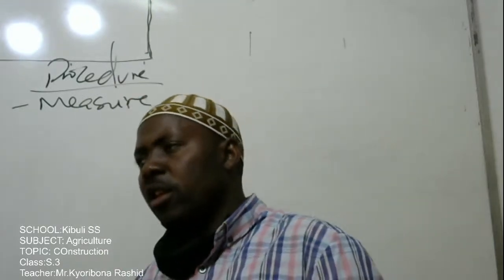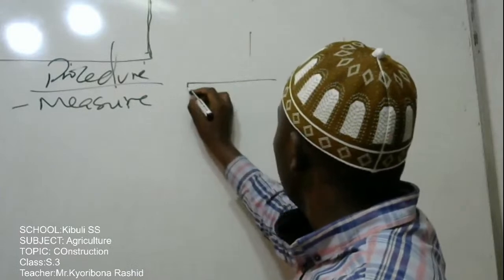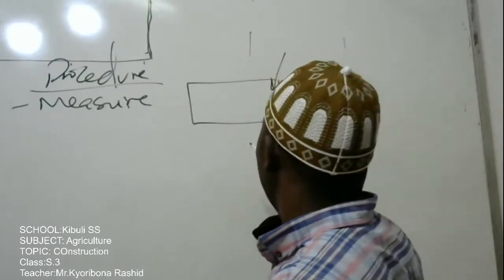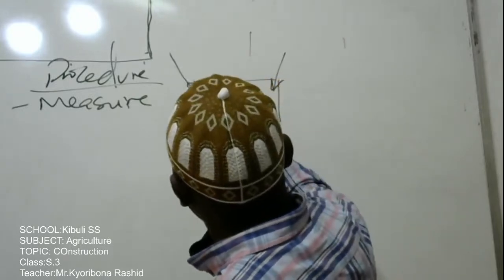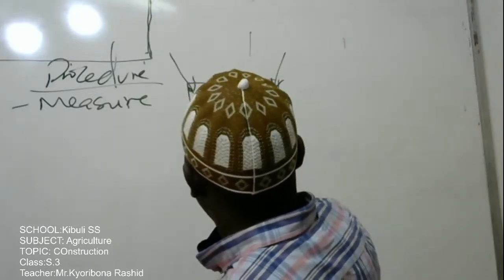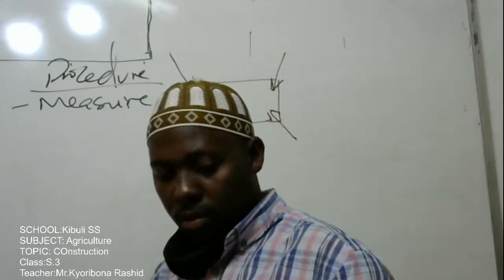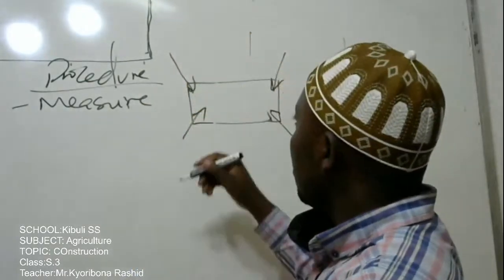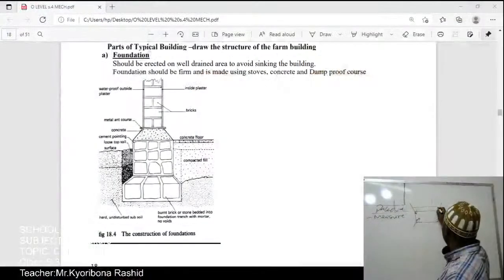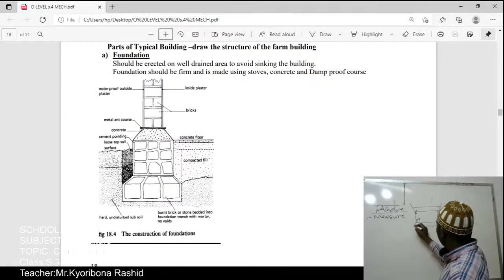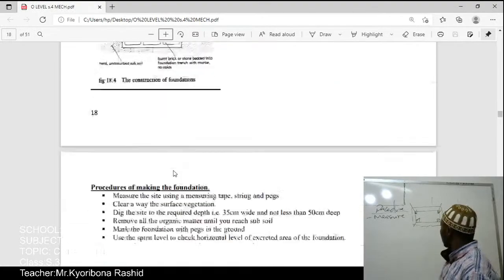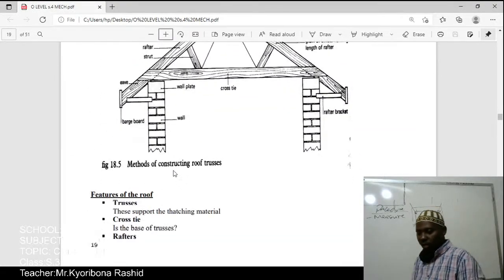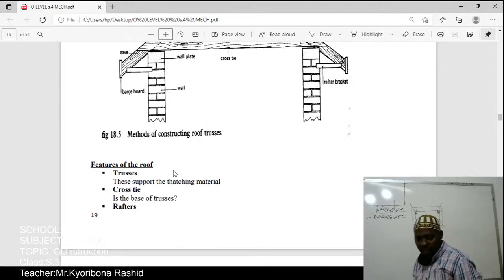We have seen, if this is where we're going to put a building, we have something like that with pegs. When you put these pegs, you have seen strings attached. So this is where we're going to make it.